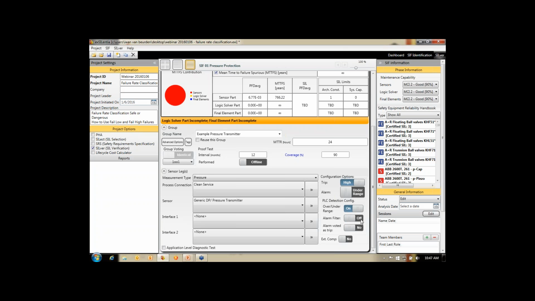So if I flip the alarm filter back and forth, you'll see 766 years mean time to fail spurious go to infinity, meaning that all known transmitter failures will be filtered out prior to the signal being used to determine if we need to go to the safe state, yes or no.